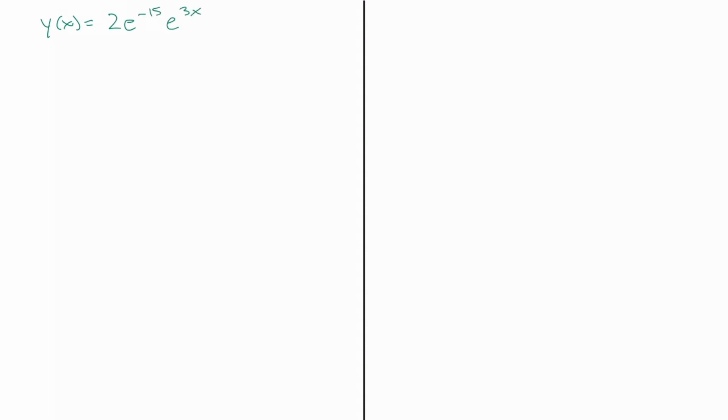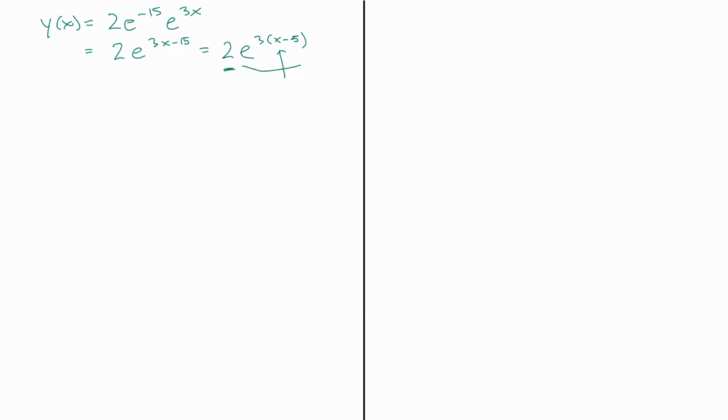And if I combine these and factor out a 3, what I get is e to the 3x minus 15, and that is equal to 2e to the 3 times (x minus 5). And now you can really easily see that when you plug in 5 in the brackets, you get a 0 in the power, and then all you're left with is e to the 0, which is 1, and a 2.